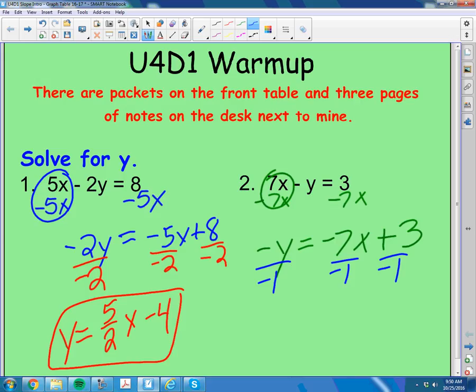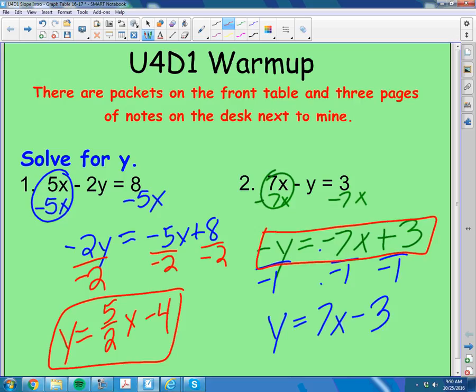By the way, one other way to think about it: if you change the value of everything all at the same time, it does the same thing. I'll show you what that looks like. Negative divided by negative is a positive, so 7x minus 3. What I was saying before is watch this. If you have negative y and you want it to be y, you change the value of every single item.